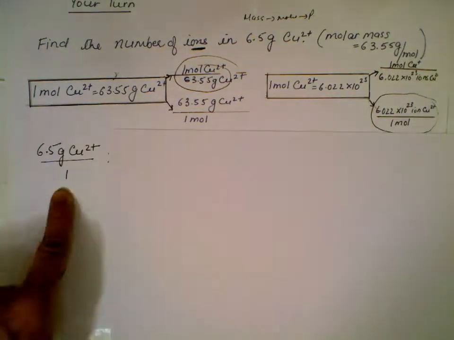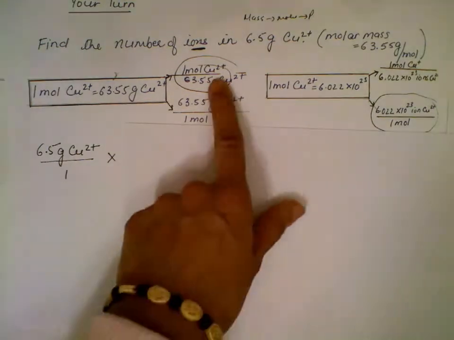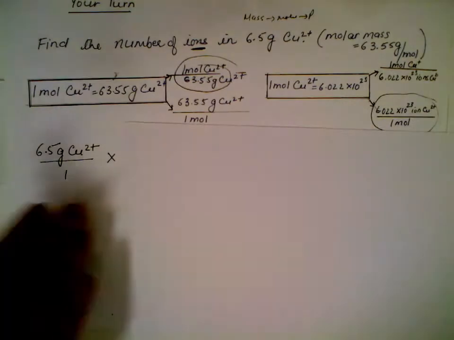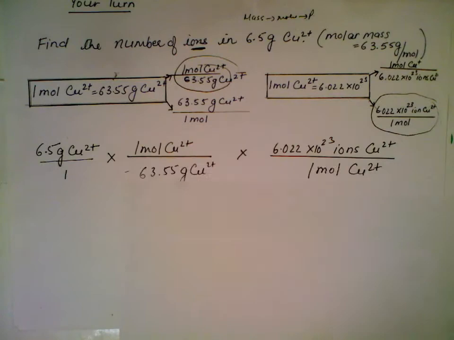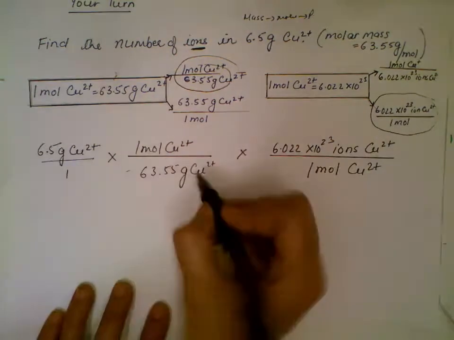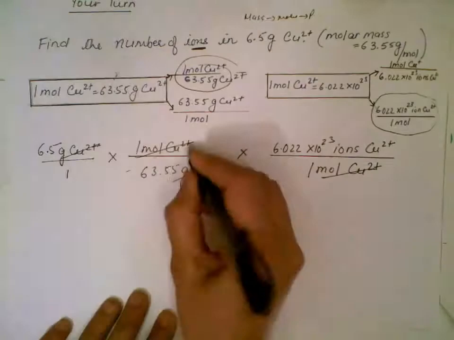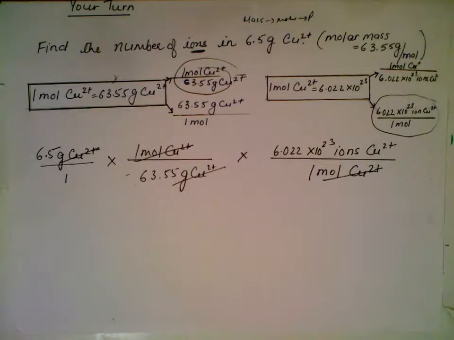Then you have 1 over 1. And then you're multiplying by this fraction. And then you're multiplying by this fraction. And as you do that, you keep cancelling the units that you don't need. So let's do that. This one, we don't want that. This one and this one, no. In our final answer, what do we want? We want the number of ions.